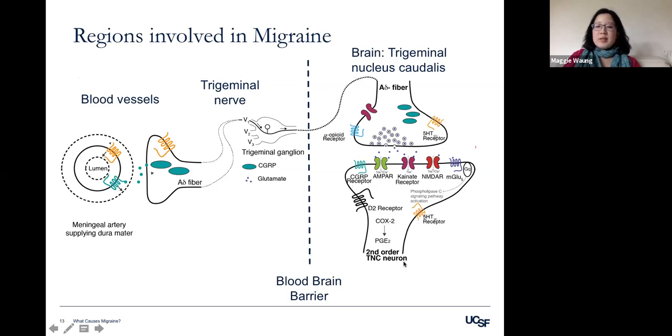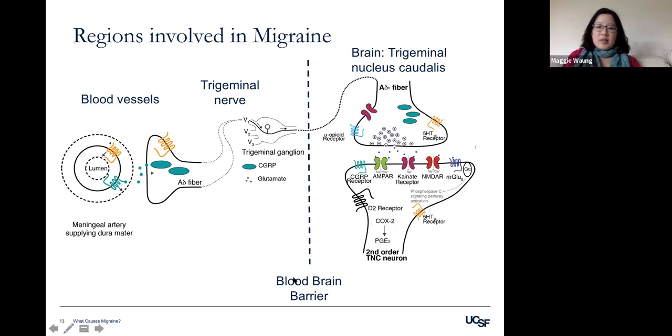This speaks to the fact that even though we don't think what's outside of the brain is causing migraine and migraine pain, there still could be contributions from blood vessels and nerves into the migraine circuit, if that makes sense.